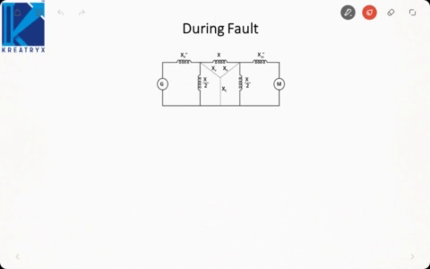Now what happens during the fault? During the fault, we have represented the infinite bus bar or system as a motor. I am considering the load as a motor. It has an EMF EM and it has a reactance XM double dash.